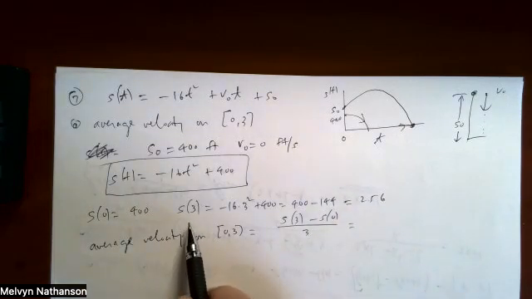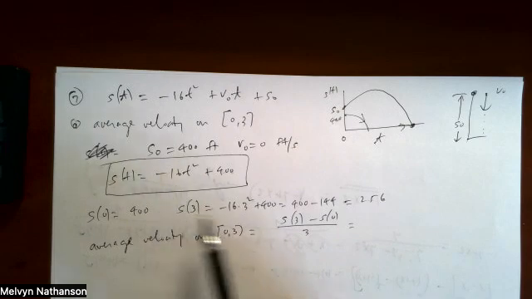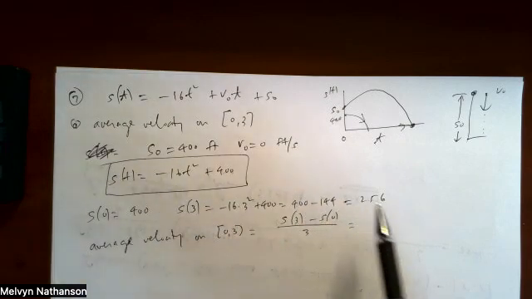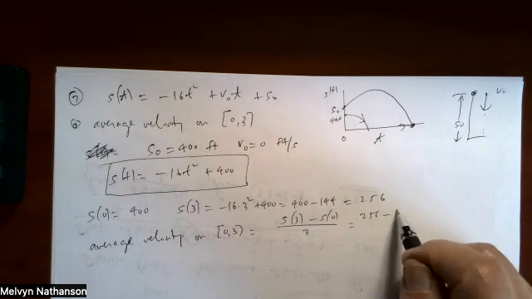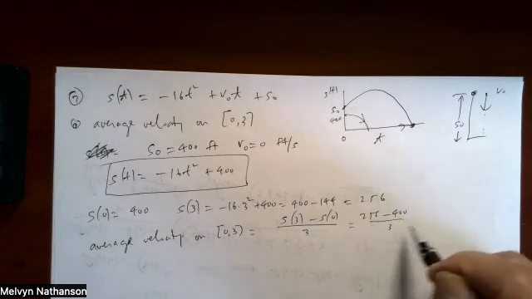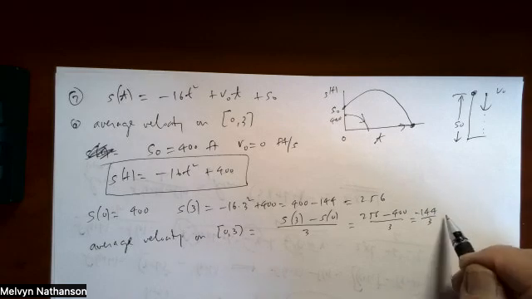So s of 3 is 400 minus 144, 256, minus 400 over 3. This is minus 144 over 3.